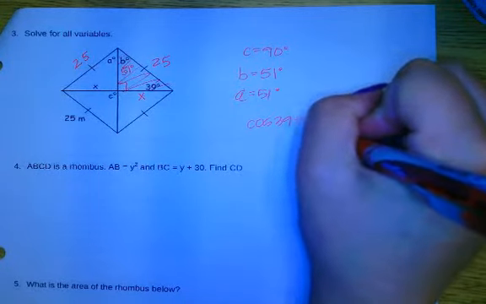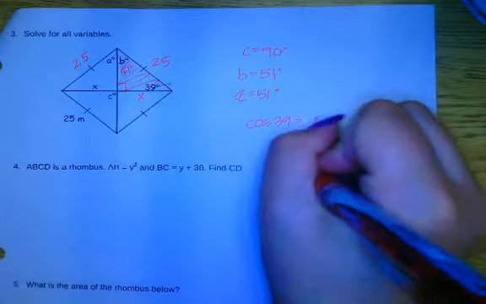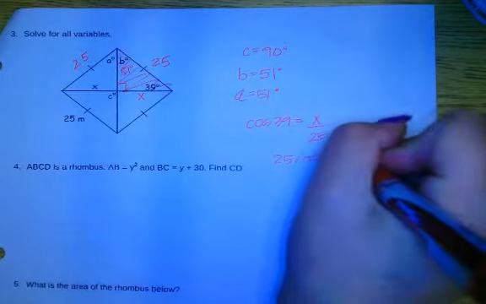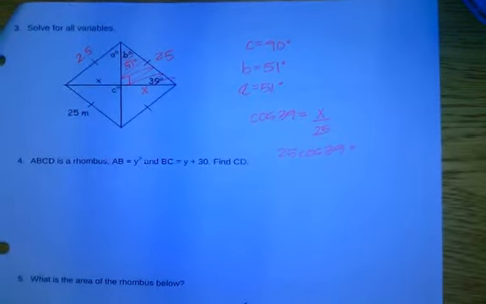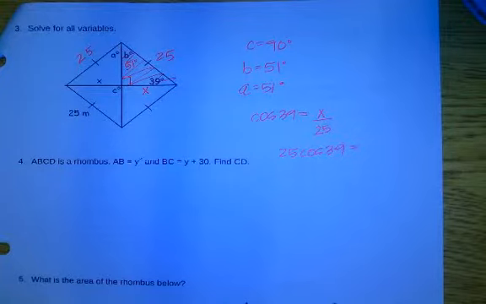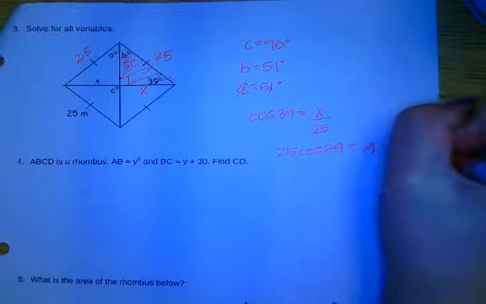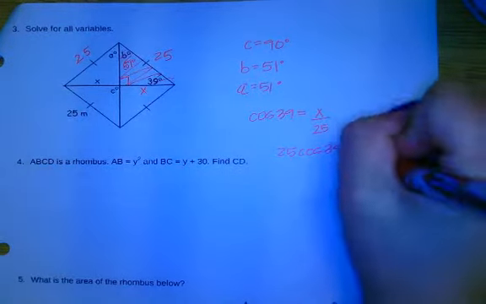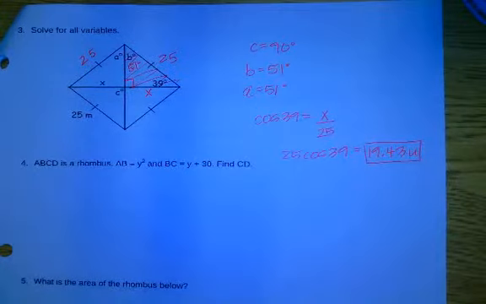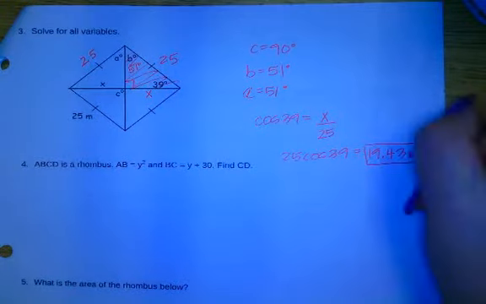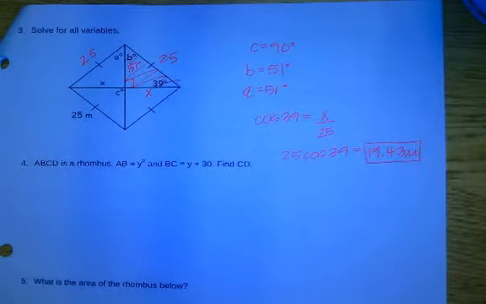So 25 cos 39. What is it? 19.43. Yes, 19.43. Are you in degree mode? Make sure you're in degree mode. Meters. Oh, meters, not even units. Oh, that was good. Nice.